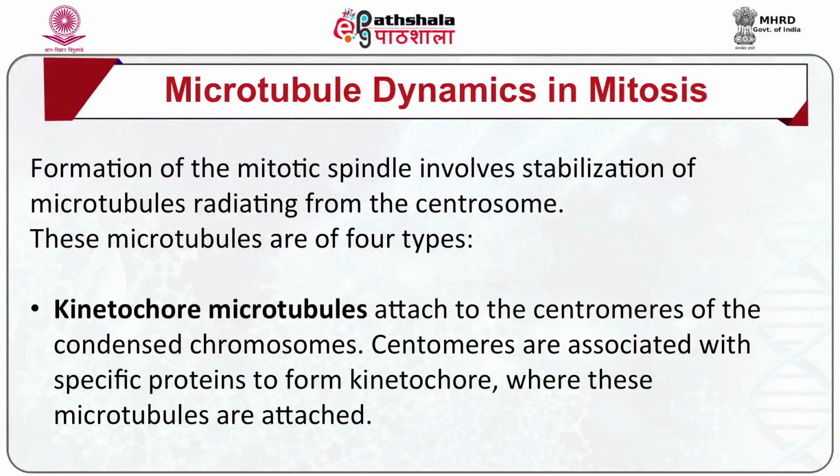Formation of the mitotic spindle involves stabilization of the microtubules radiating from the centrosome. These microtubules are of four types: kinetochore microtubules, which are attached to the centromeres of the condensed chromosomes. Centromeres are associated with specific proteins to form the kinetochore, where these microtubules are attached.